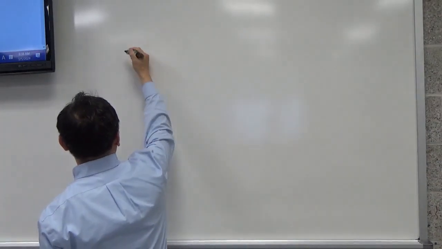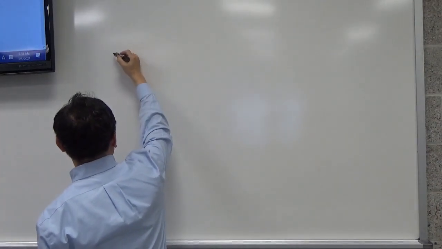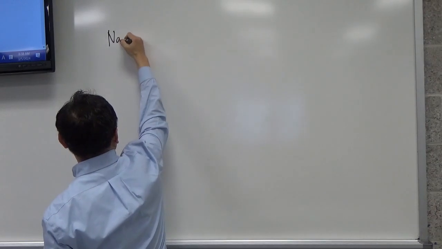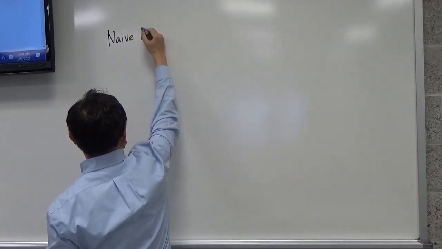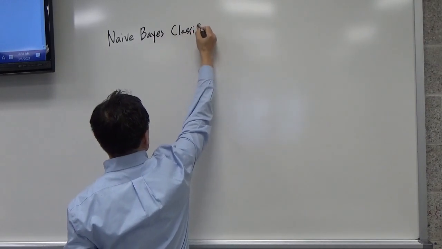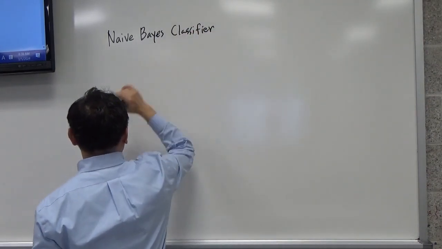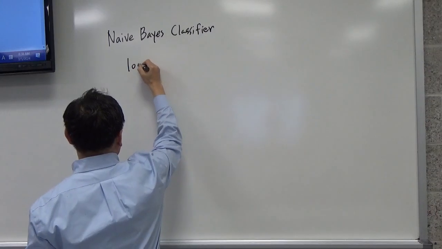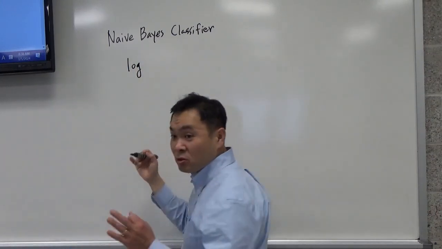So last time we understood that the naive Bayes classifier uses the following criteria for deciding which group this is.